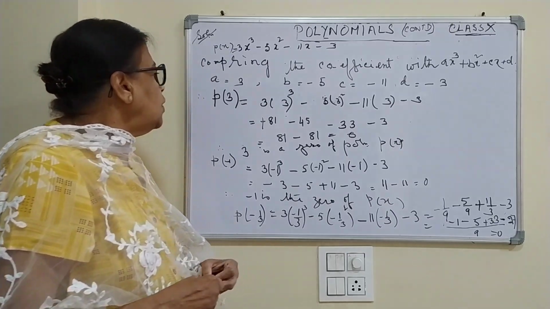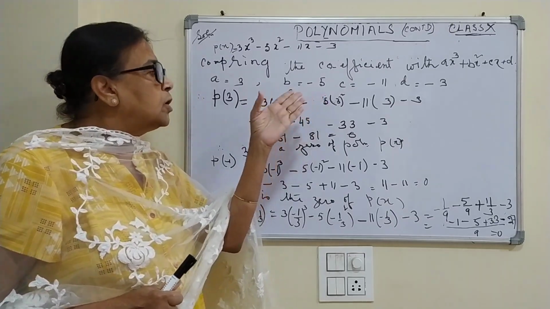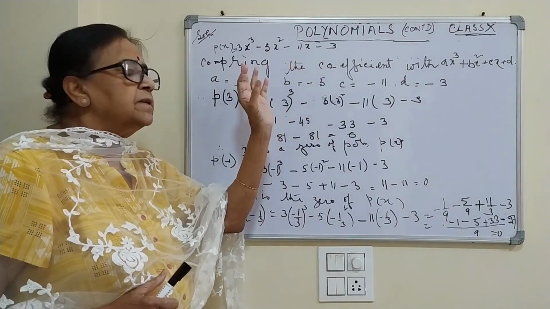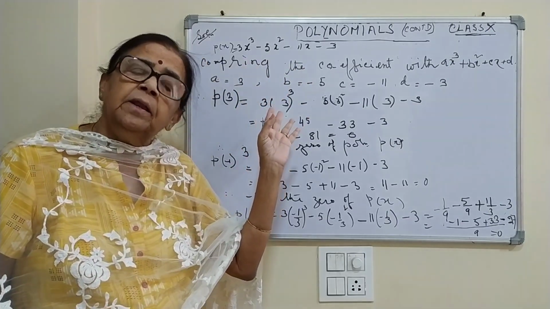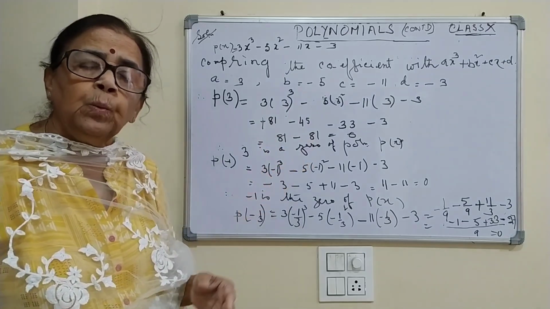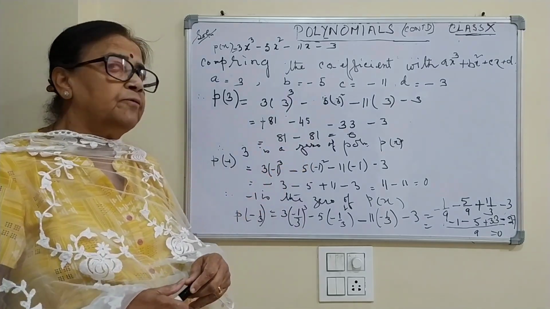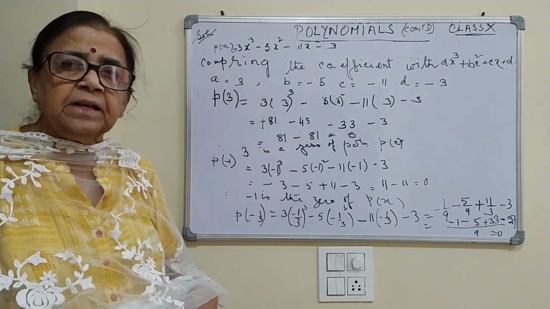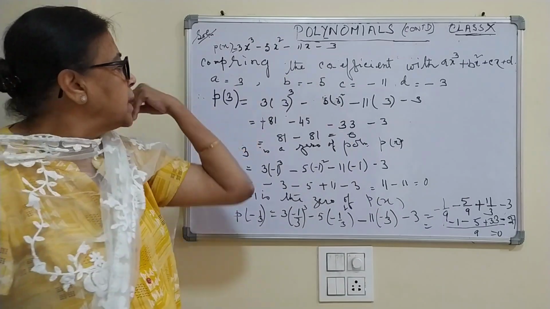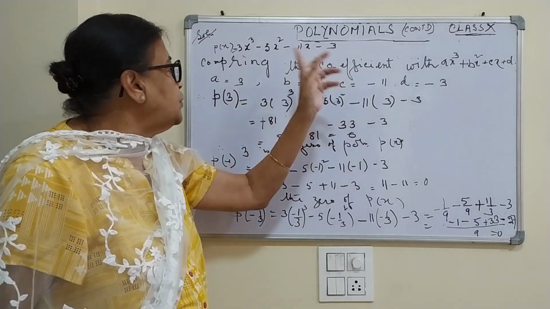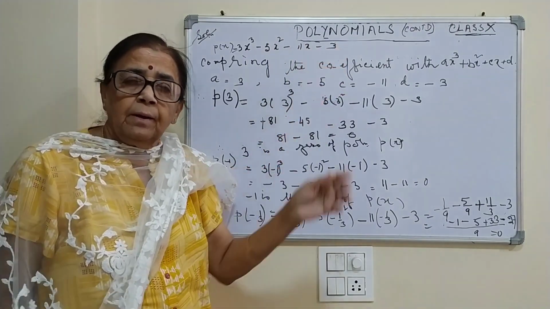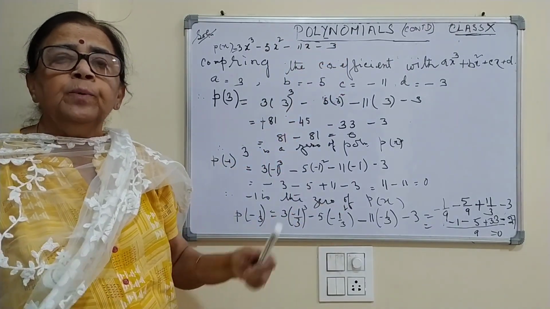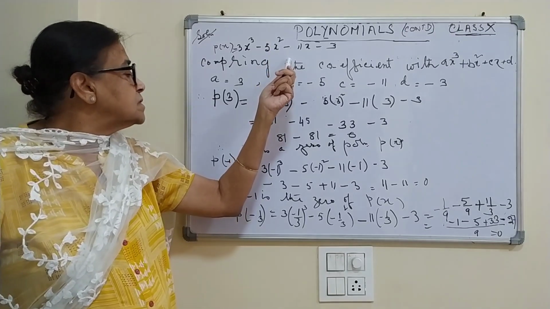So p of x has how many factors? That is 3, minus 1 and minus 1 by 3 also is a factor. Let us check it by the trial method. We have learned to factorize the cubic polynomial in lower classes.